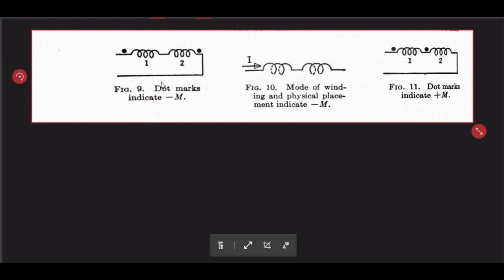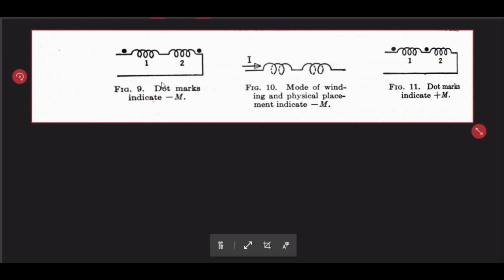But what we can say is that the way coil 1 and coil 2 are wound in figure 9, and the direction of coil 2 with respect to coil 1, is exactly the opposite of the direction of winding in figure 11.